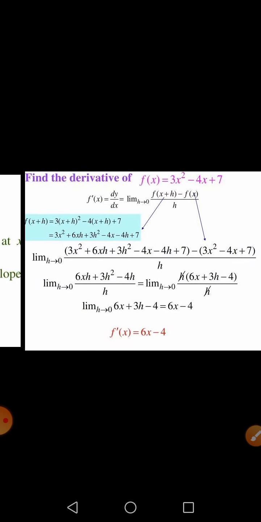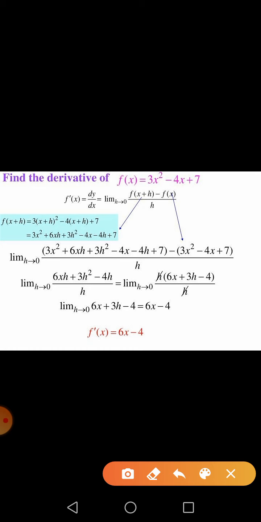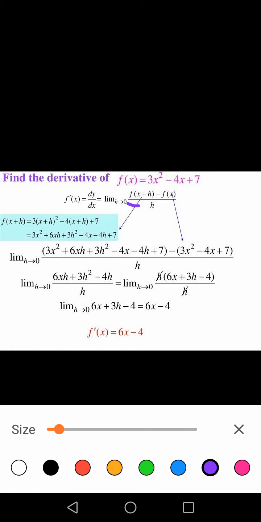So what you will do, first you will get the derivative of the function by the limit. As we said before, the rule is the limit as h approaches 0 of f(x plus h) minus f(x) over h. So to get this function, you should substitute with the functions here.